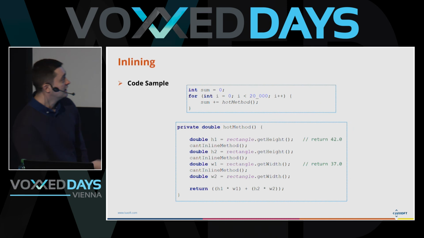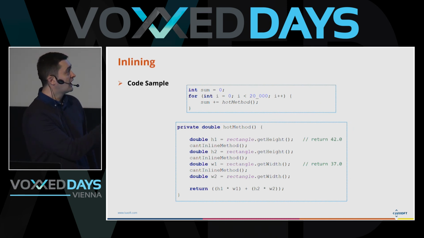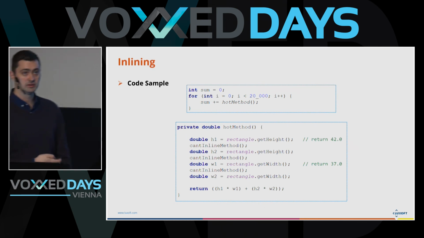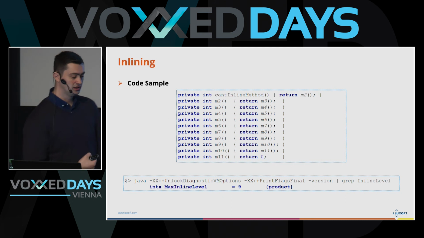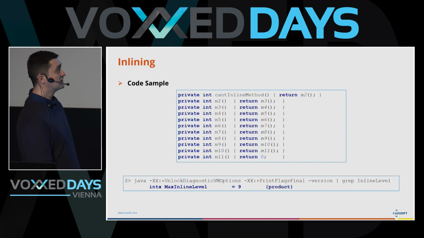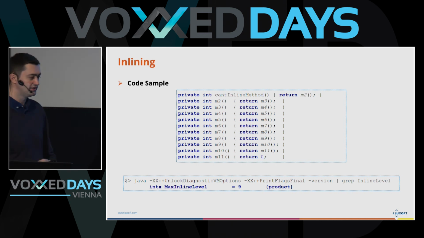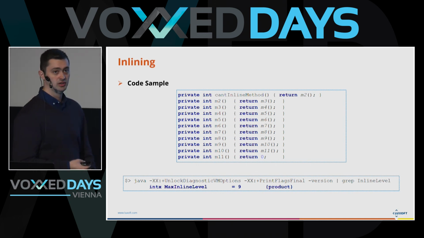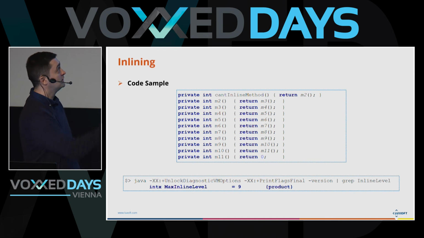What we have here is that between these calls on the height and the width methods, we explicitly call a method which can't be inlined anymore. What does "can't be inlined" mean? It is a method whose body the just-in-time compiler cannot inline into the caller. In my case it looks a bit funny, because I created it in an explicit way to prevent inlining from the JIT perspective.